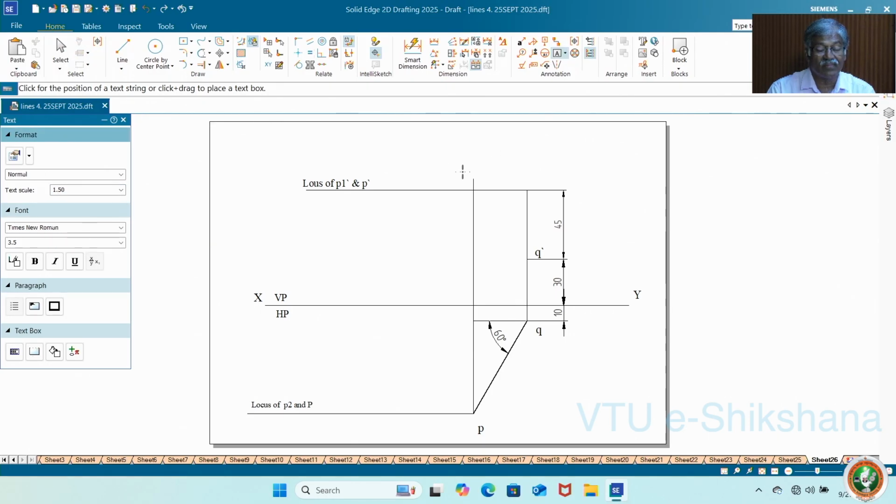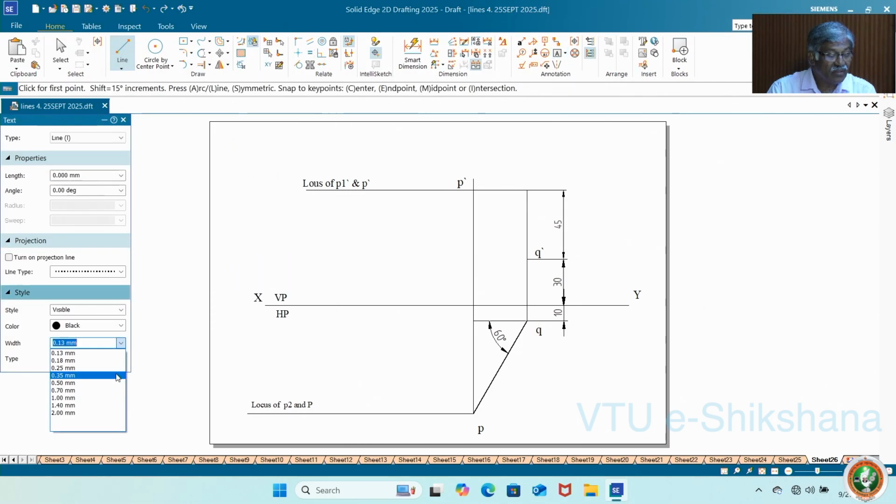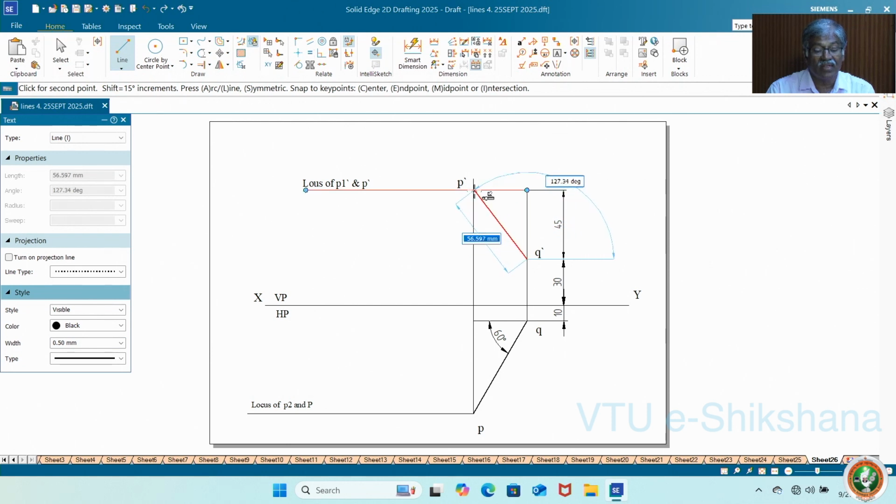Join P dash and Q dash with a dark line, 0.5 because this is final. This is Q dash and here is the Q dash intersection. We can trim and then draw the end line, dark to the end line. Reference is very important. Now it is okay.